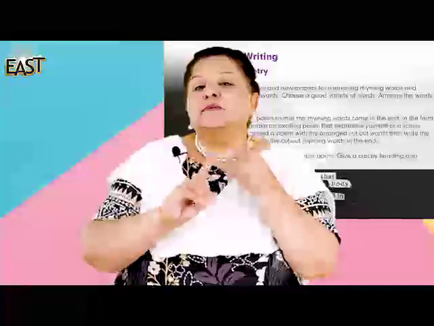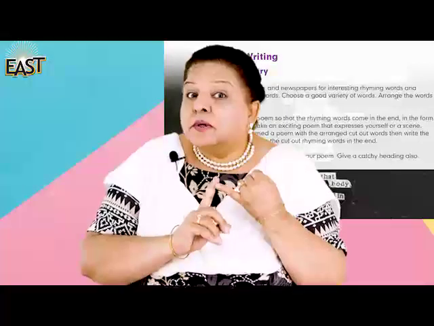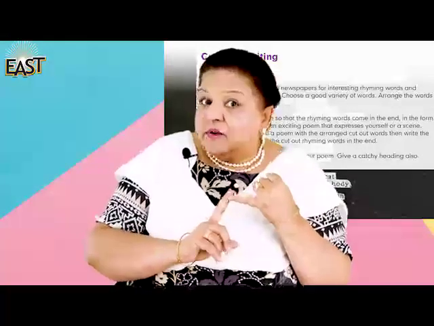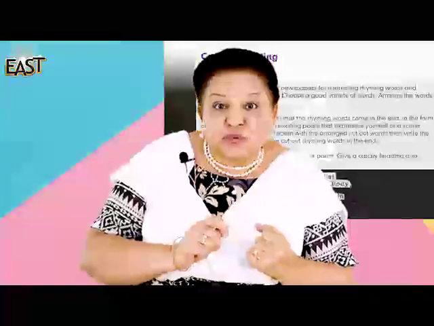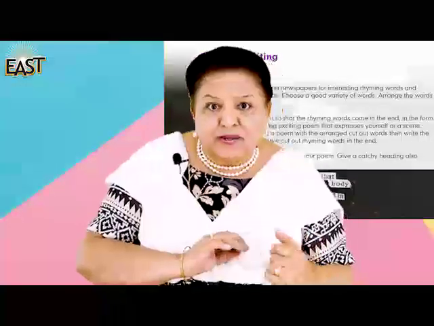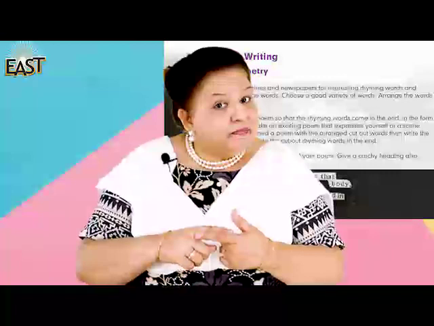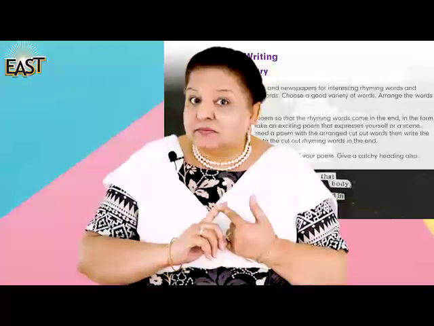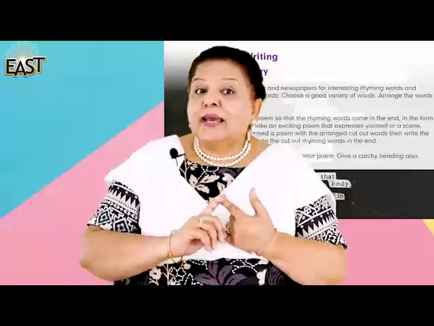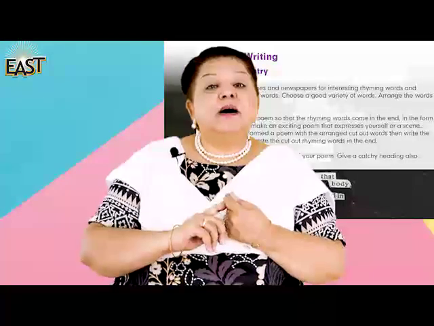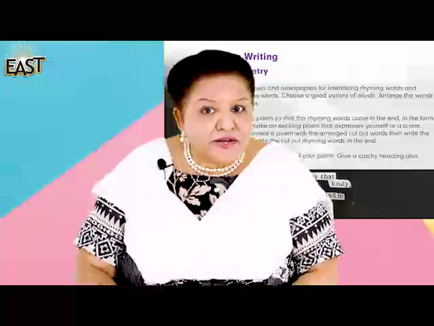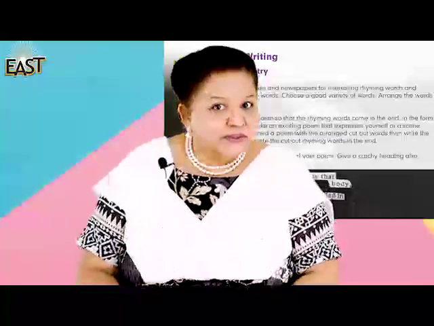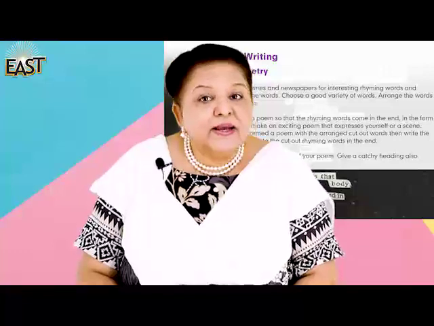For instance, you know verbs, and verbs are action words or doing words, so you use them. You can even use adjectives. Okay, adjectives are very good describing words, so you can use those describing words.